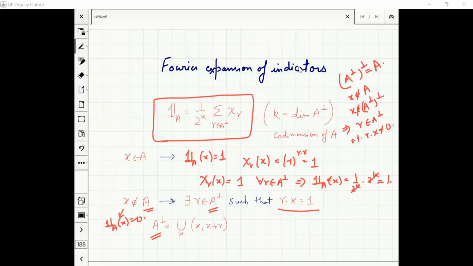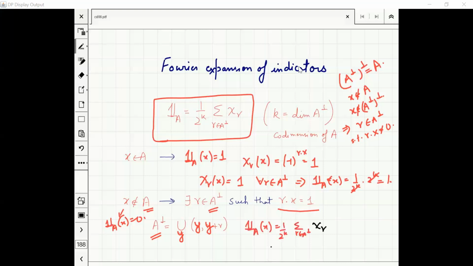I shouldn't say x and x plus gamma, because x is the thing which is not in A. So for some y's, I should say y and y plus gamma. Now 1A(x) is equal to 1 by 2 to the power k times the sum over gamma in A perp of chi gamma.